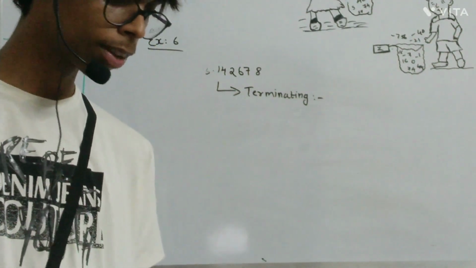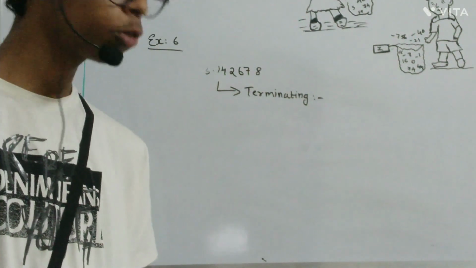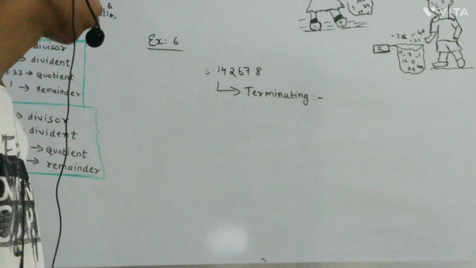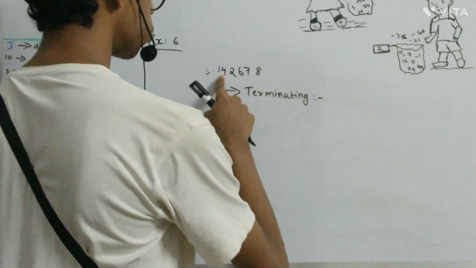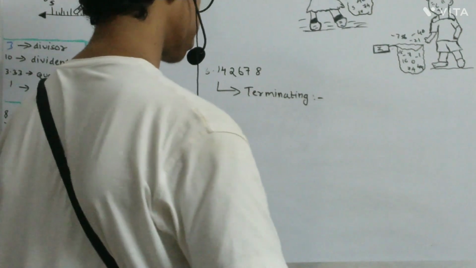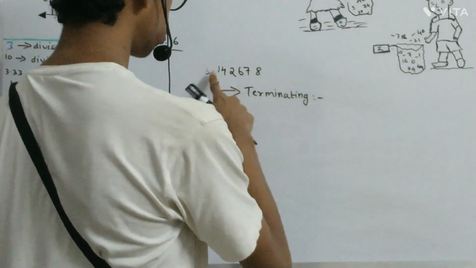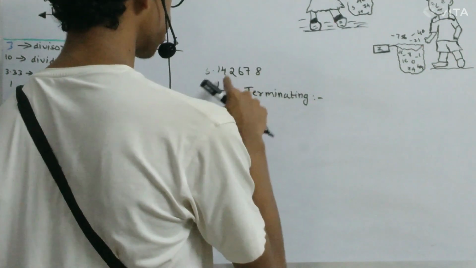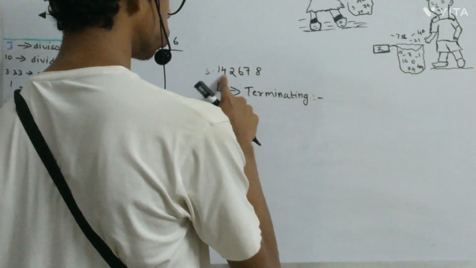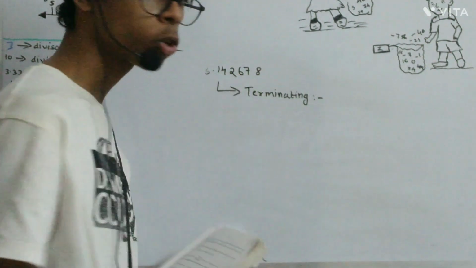Now the next part of the question is: express it in the form of p by q. So we know how we can write 3.142678 in the form of p by q, by just removing this decimal sign. So here, if you see, after the decimal point we are having 6 places, that is 1, 2, 3, 4, 5, 6. So what should we do?